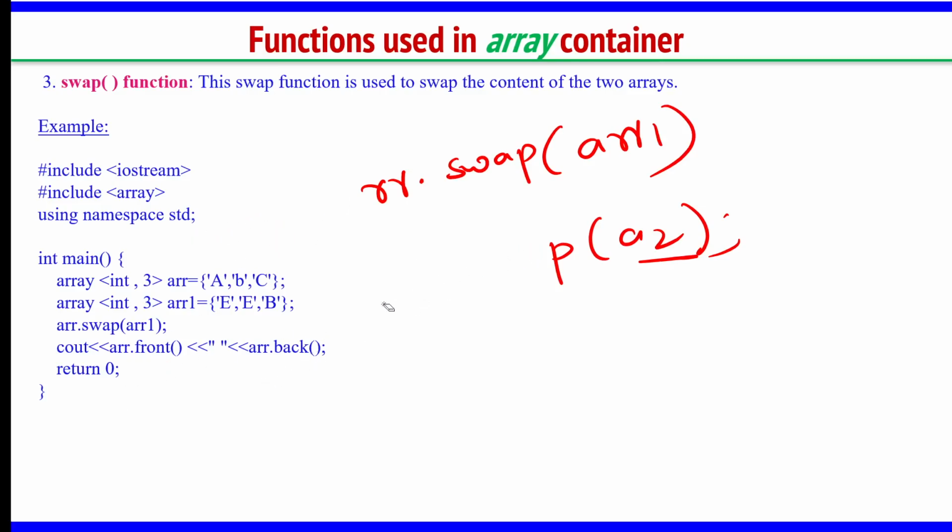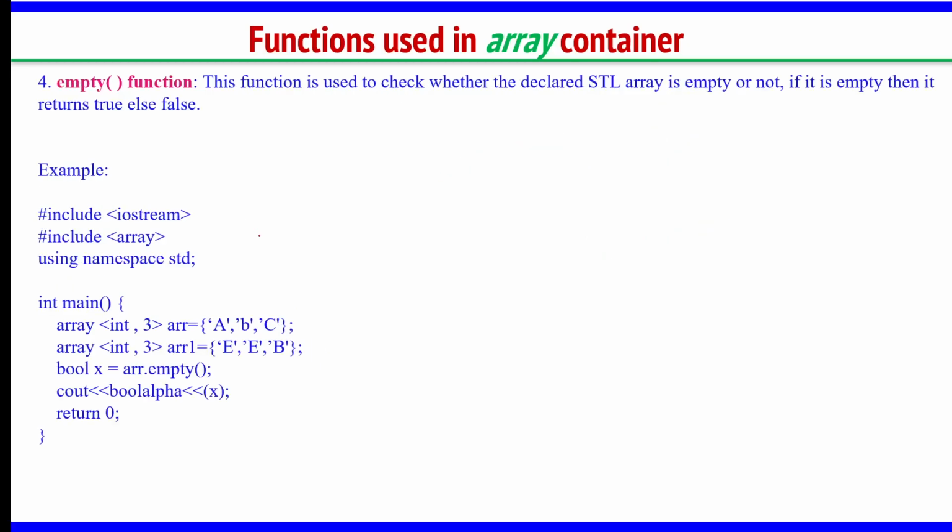It is used for swapping the content of 2 arrays. Next function, empty. It is used to check whether a STL array is empty or not. Syntax is the array variable name dot empty. It will give true or false.